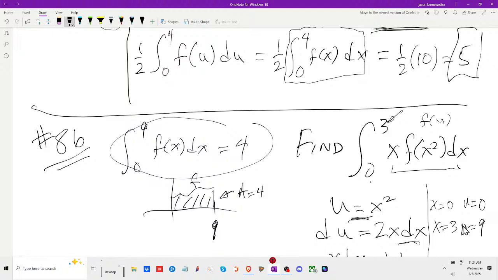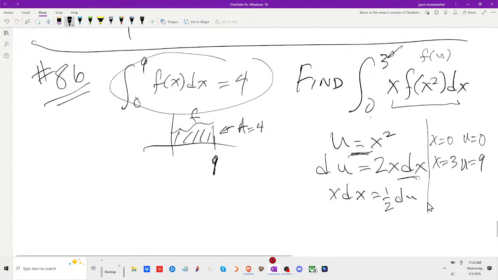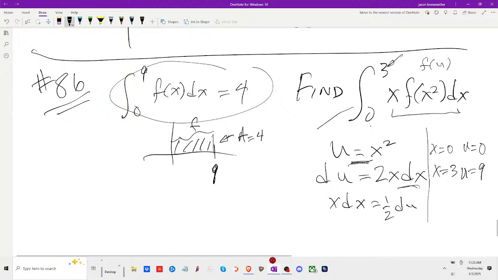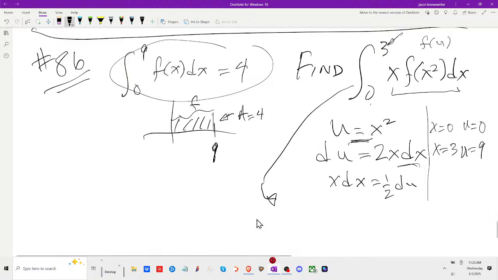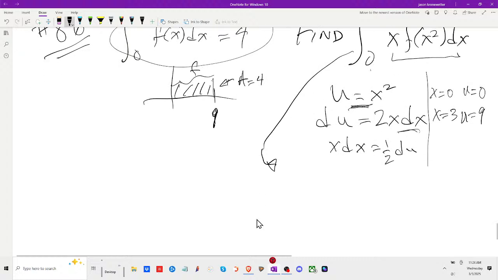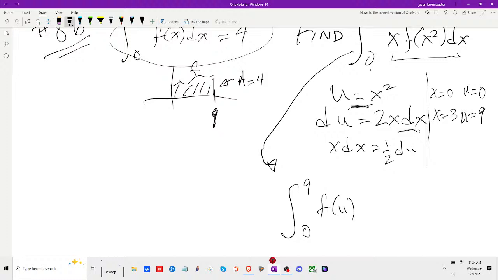So now we're ready to go with our integral. We're going to convert this integral into the integral where u is going from 0 to 9. f of x squared is now f of u. Then the x dx, this part right here, is going to be 1/2 du. We'll put the du here and the 1/2 out front.